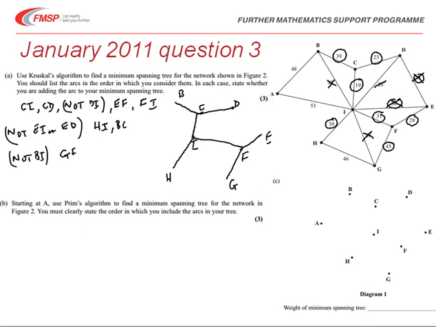And HG again would produce a loop, so not HG. And then finally we've got AB added in. And there we've got our minimum spanning tree.